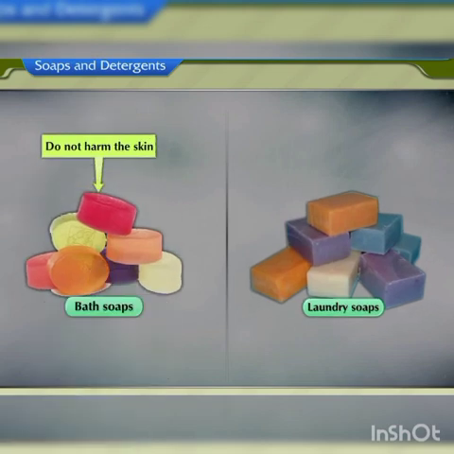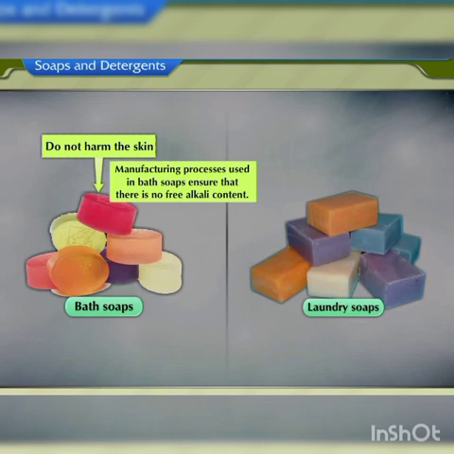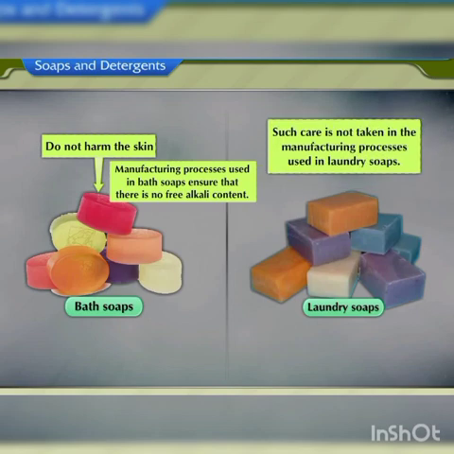Bath soaps do not harm the skin, as the manufacturing processes used in bath soaps ensure that there is no free alkali content present in them. Such care is not taken in the manufacturing processes used in laundry soaps. Hence, it has been observed that most laundry soaps are harmful for the skin.